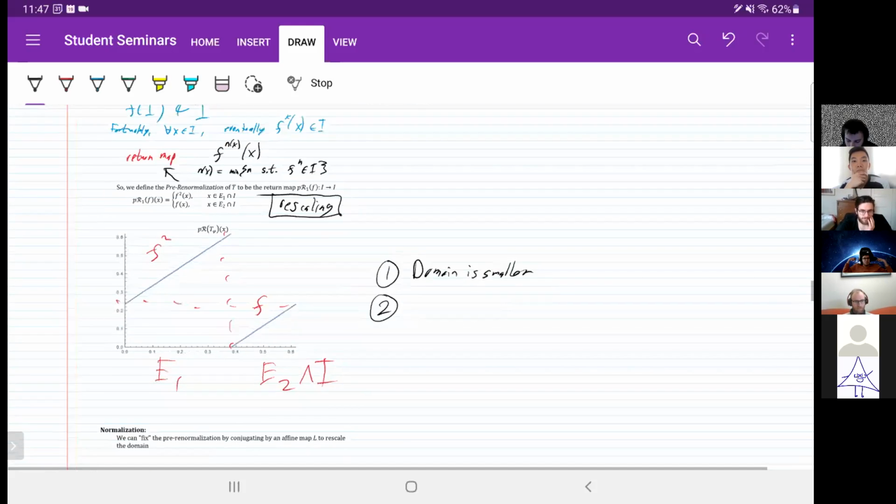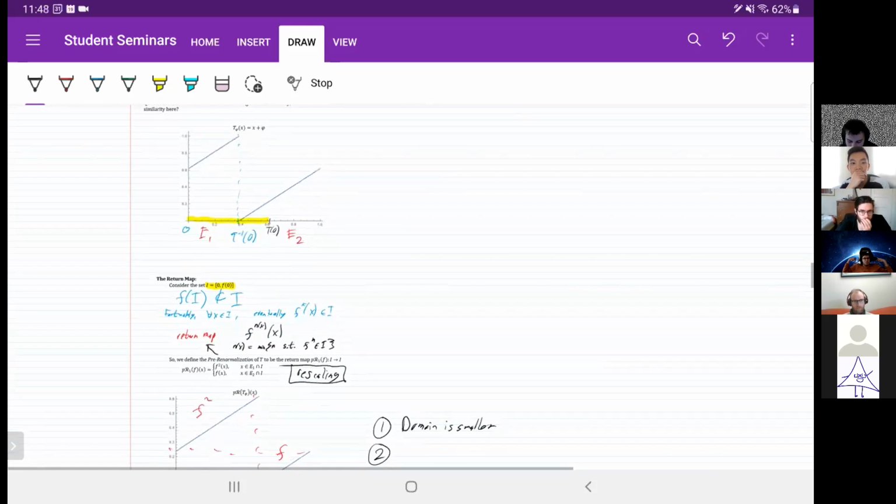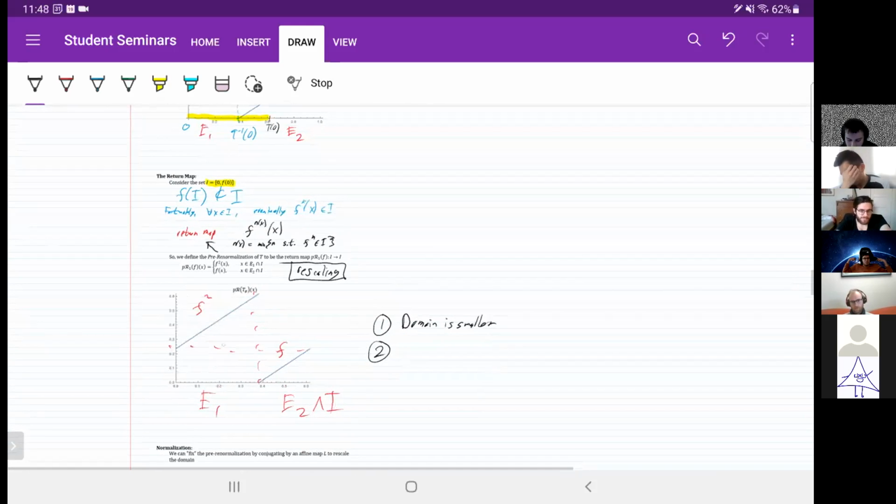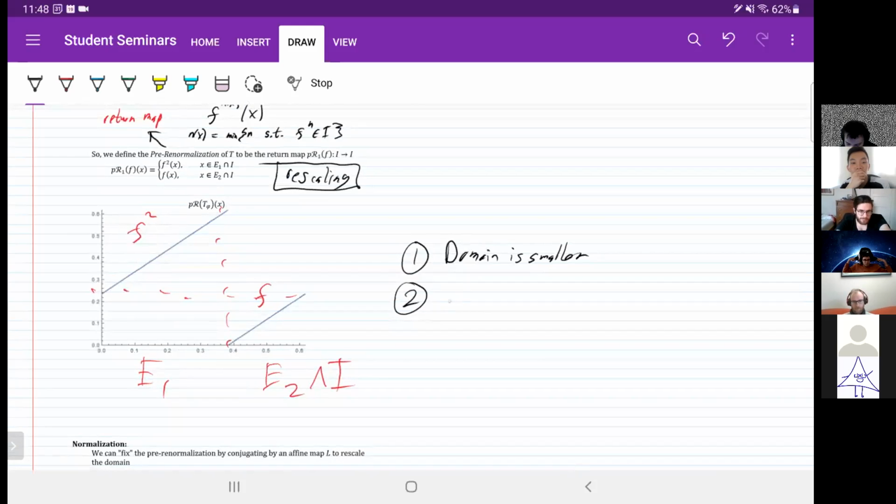And two, look at my initial map. In my initial map, the left half is small and the right half is big. In this map, the left half is big and the right half is small. So here, the left half is bigger than the right half.